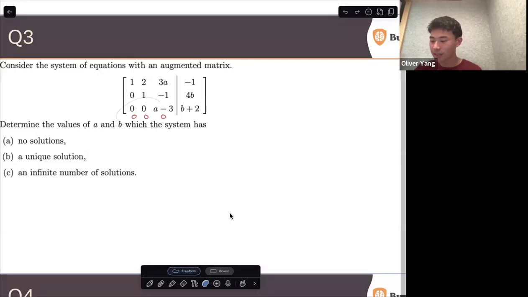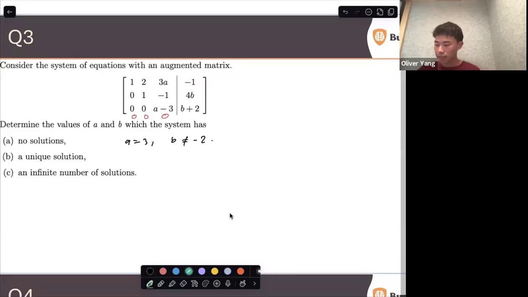I just barely started. So for no solutions, that means that we got 3 zeros in our variables and then a number that's not 0 in this fourth column here, right? Which means, let's just say that we already got zeros here, so A needs to equal 3 and B needs to equal anything but -2, right?